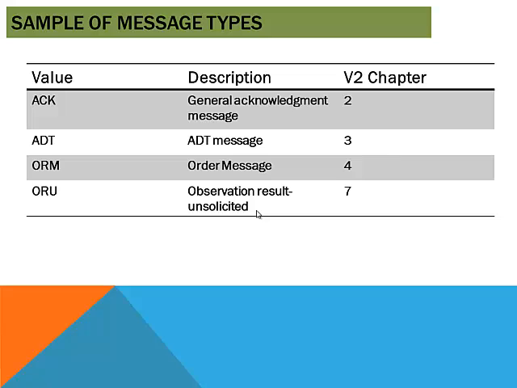Different message types have different 3 character codes to identify the type of the message. For example, for the general acknowledgement message, the value is ACK. For an ADT message, it's ADT. For an order message, it's ORM. And for an unsolicited observation result, it's ORU.